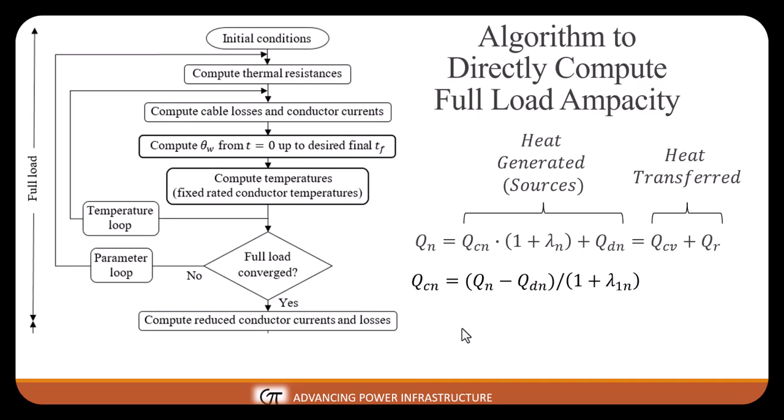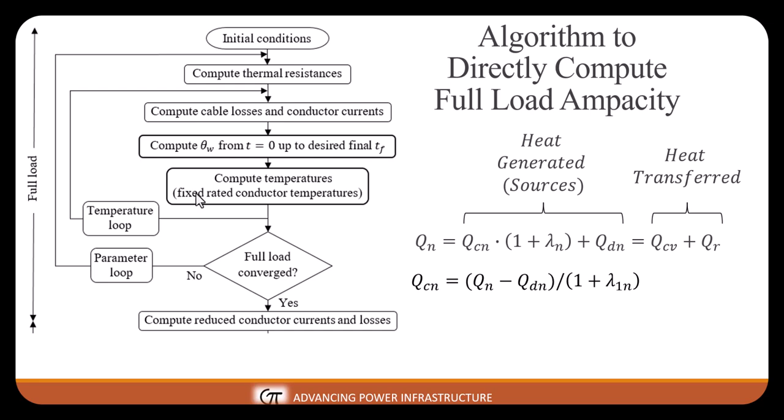Here is the algorithm to directly compute full load ampacity. The heat generated in the cable equals the heat transferred out of the cable. Apply the initial conditions, then compute thermal resistances, then compute cable losses and use the heat generated in the conductor to compute conductor current. Then solve the linear system of differential equations of the soil layer temperatures to compute the inner wall temperature.